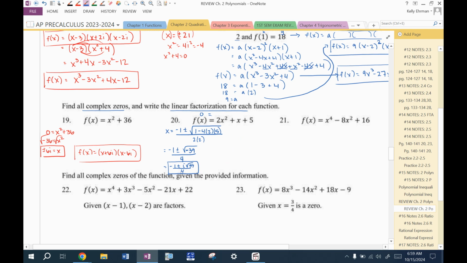Factored form is just x minus the 0. So you can say f of x, linear factorization would just be x minus, and then I'm just going to write this expression, negative 1 plus i radical 39 over 4, and x minus negative 1 minus i radical 39 over 4.